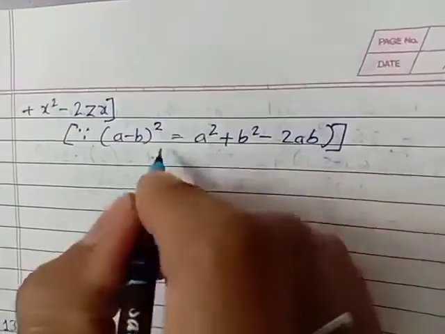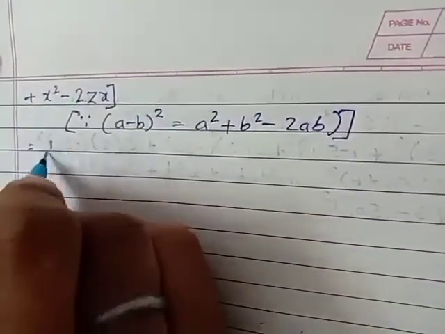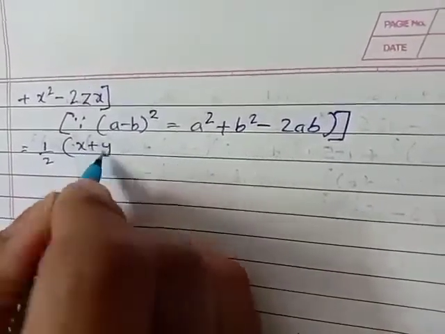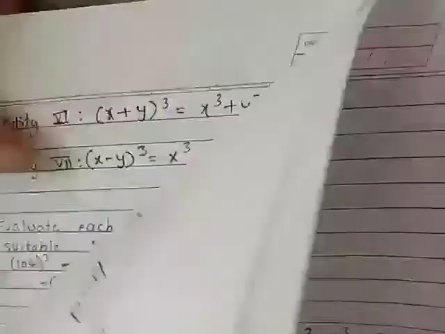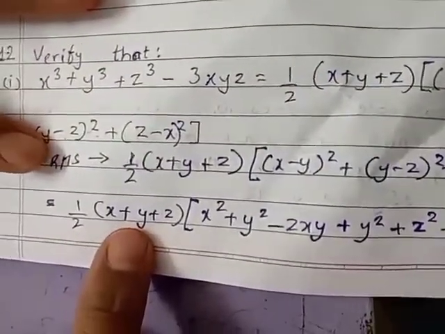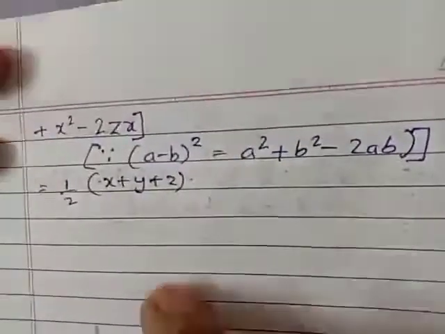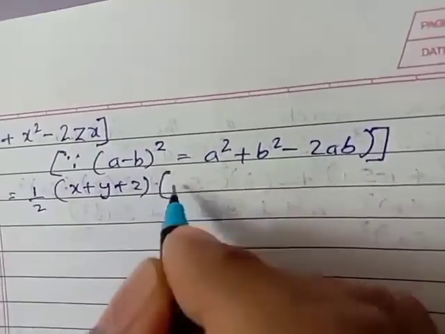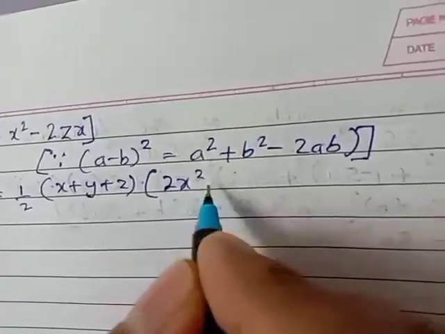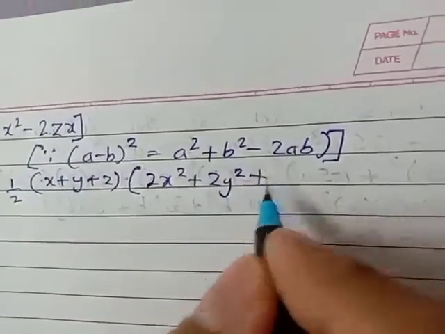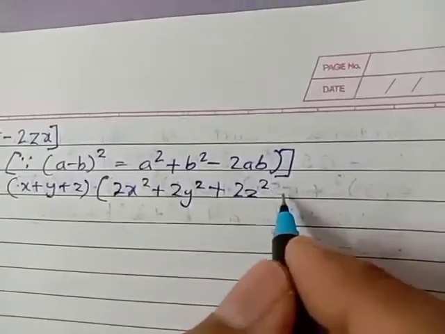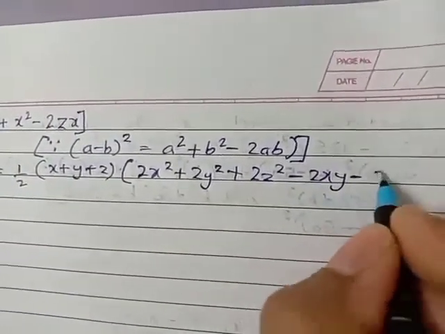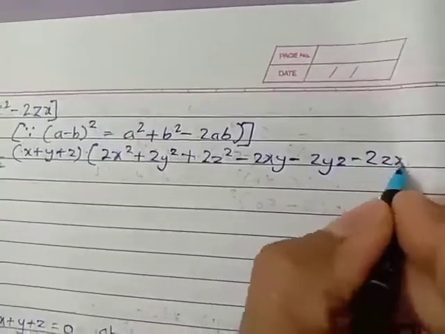Now half x plus y plus z remains as it is, and we will open that square bracket. This will be 2x square plus 2y square plus 2z square minus 2xy minus 2yz minus 2zx.